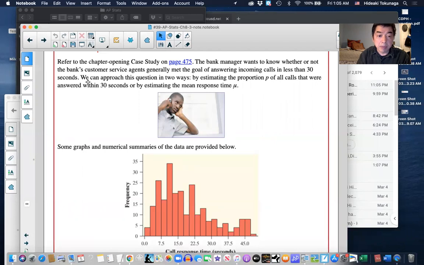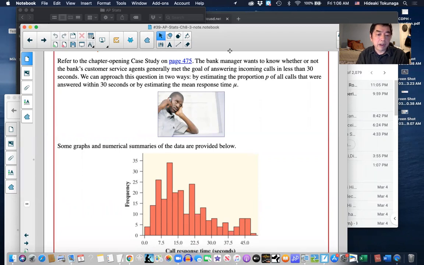We can approach these questions in two ways: by estimating the proportion p, which is z star, we use a z interval, of all calls that were answered within 30 seconds, or by estimating the mean of response time mu, which means we use a t interval, okay? Some graph and numeric summaries of the data are provided below.